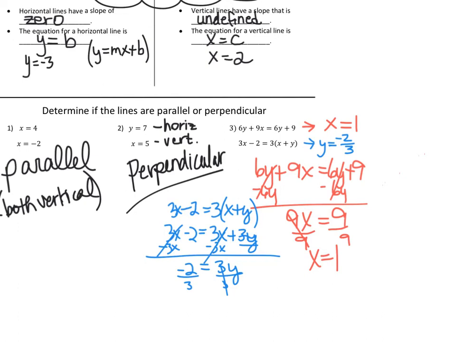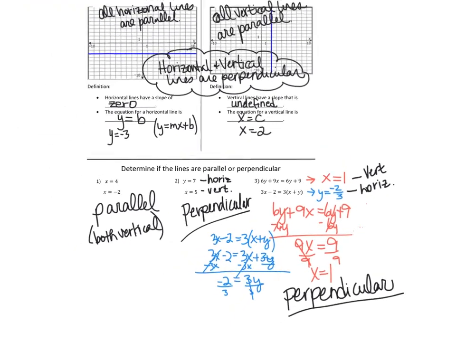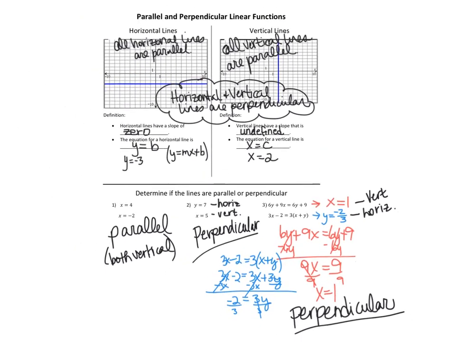Because we have a y equals a number and an x equals a number, and they're always going to be perpendicular. So this is vertical, and this is horizontal. And so we have perpendicular. Vertical and horizontal lines are always perpendicular to each other.